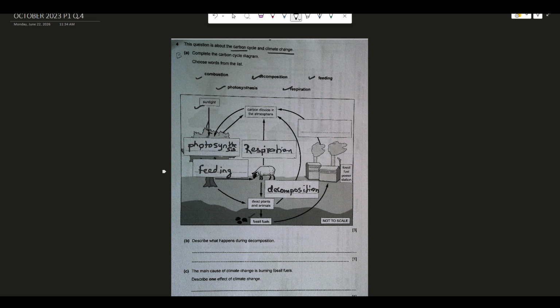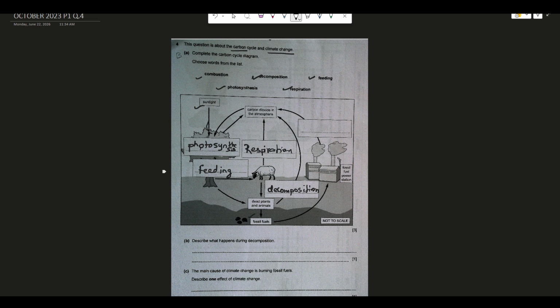we are talking about the carbon cycle. So how the carbon can enter into the system and leave the system. From the plants, when the plant absorbs sunlight, photosynthesis takes place, and food is manufactured for the plant, and those plants are eaten by the animals. And when the animals die, there's decomposition taking place.